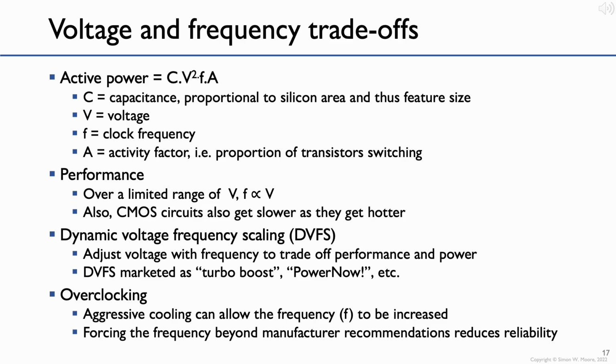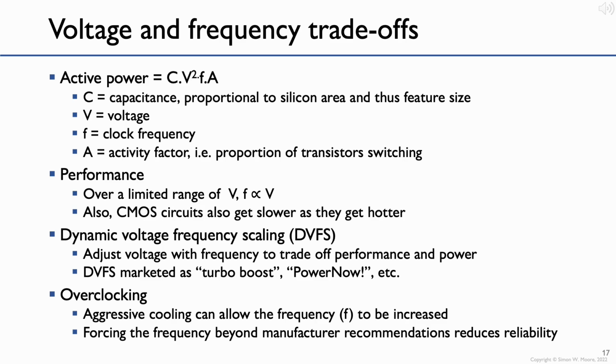If we make a small decrease in voltage, we're going to make a big decrease in active power. The other factor is the clock frequency. And finally, the activity factor, or the proportion of transistors switching, which is, of course, linked with the dark silicon we've just talked about. So obviously with dark silicon, the idea is that we reduce the activity factor.